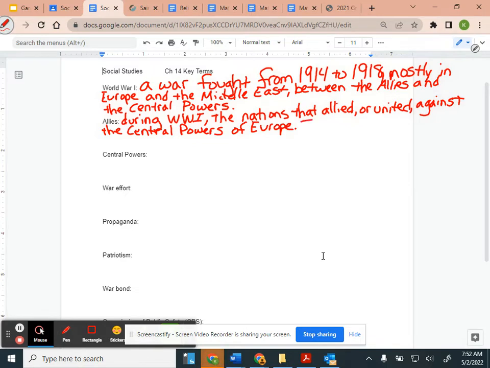So we're going to find out who were the Allies. They included Great Britain, France, Russia, yeah, they were on our side for both of the world wars. They were neutral for half a second. Italy and the United States.